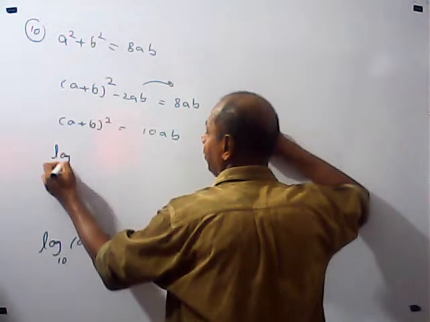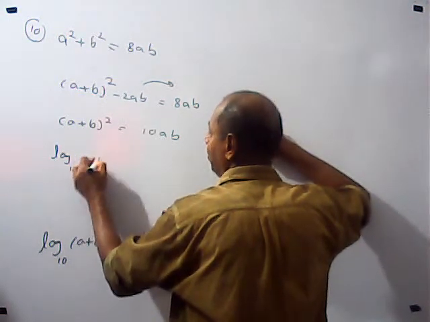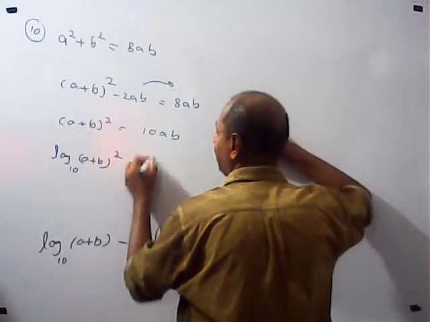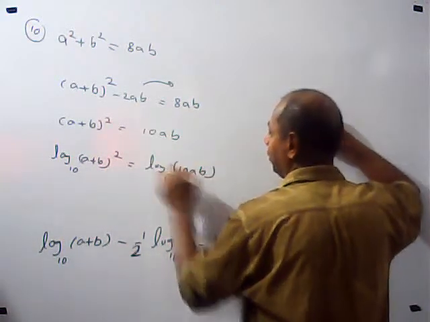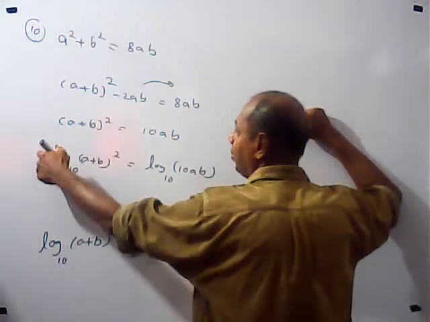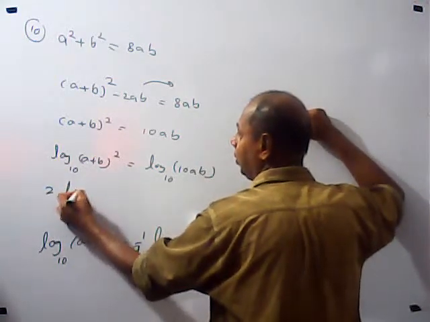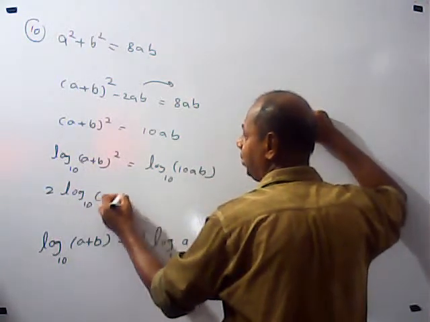So log base 10 of (a plus b) squared equals log base 10 of 10ab. The square will come out: 2 log base 10 of (a plus b).